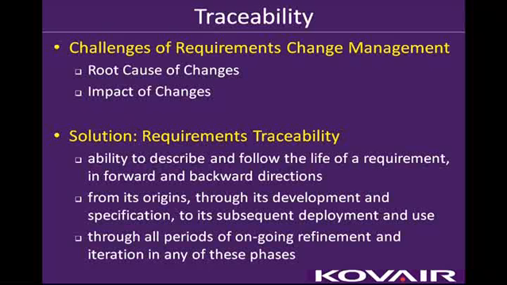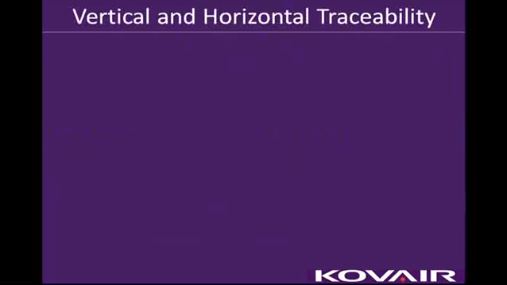And traceability actually traces that whole life cycle of the requirement with all the related artifacts. And finally, through all periods of ongoing refinement and iteration in any of these phases. As things change, including the requirement itself, or the test case, or the design, the traceability should be able to track those changes as well. And that is an overview of the definition of traceability.